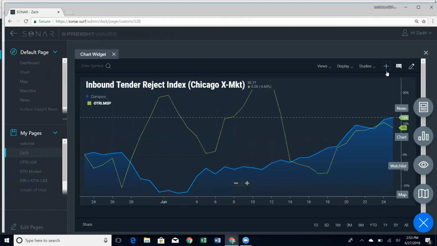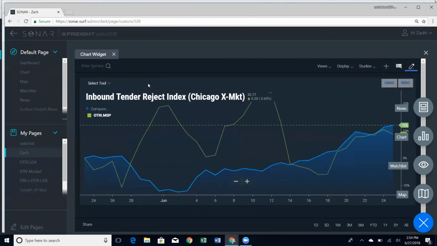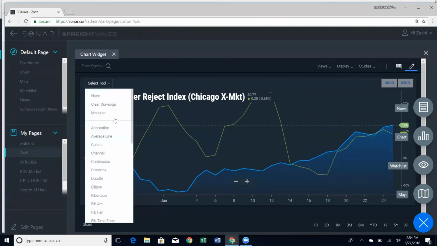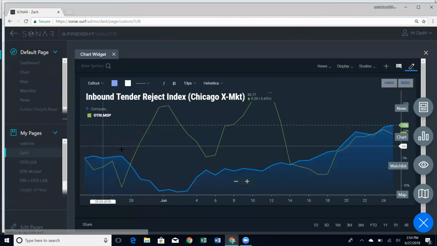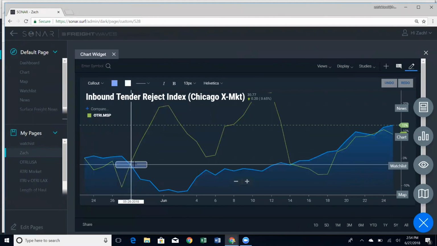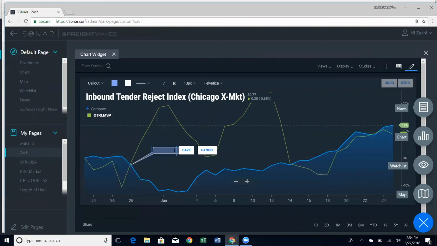We have a bunch of different tools here on this top line bar. As you saw, this draw button, I think Zach used it one time, brings us to a drop-down screen under select tool. Maybe you'd like to throw in a callout here, which you can do, and type in an event that happened that you'd like to note.